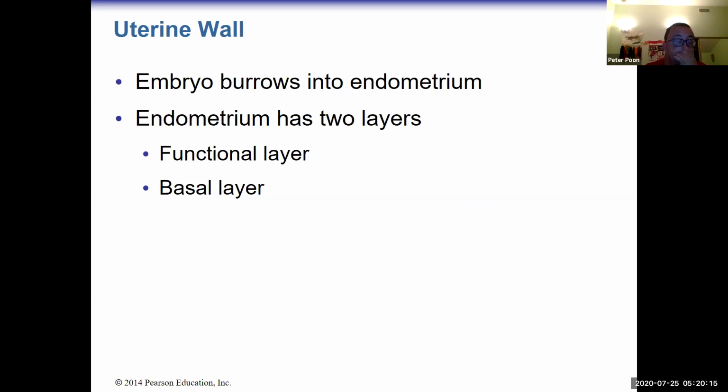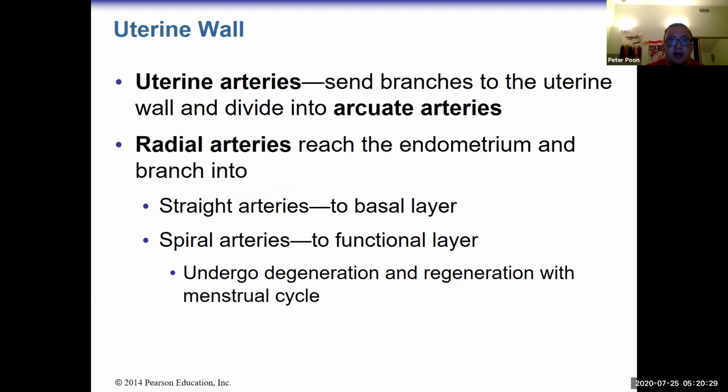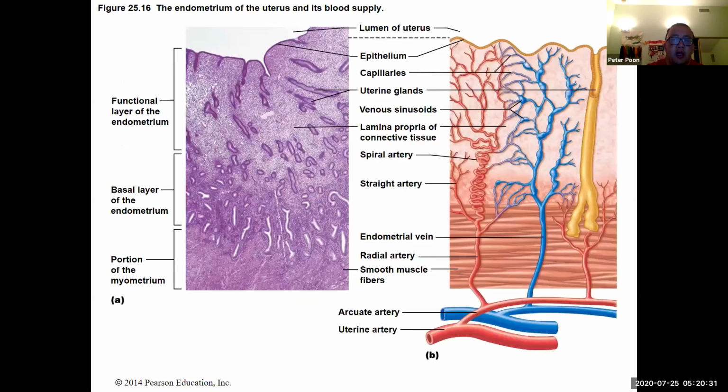The embryo. If there is an embryo, it burrows into the endometrium. The endometrium has two layers, a functional layer and a basal layer. Here you see the myometrium on the bottom, and then there is a basal layer and a functional layer.